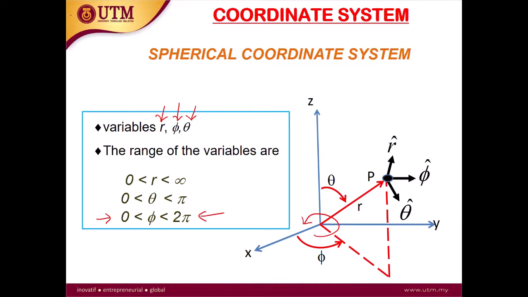And then we have theta. Theta is defined from the positive z axis going down until the negative z axis. This is the range from here to here, so the range is from 0 to pi.